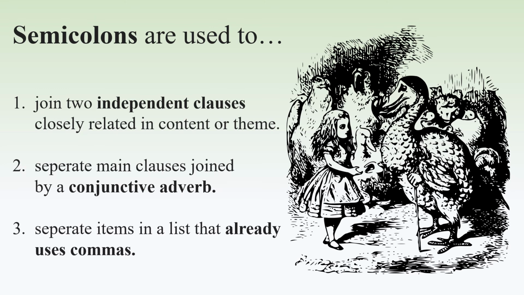So that's it. We've made it through the 3 rules of when we can use semicolons in our writing. As a review, semicolons are used to join two independent clauses closely related in content or theme. They are also used to separate main clauses joined by a conjunctive adverb, or words like however, indeed, accordingly. And then lastly, semicolons are used to separate items in a list that already uses commas.